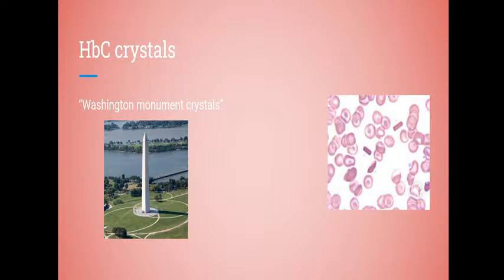I don't know if it clearly looks like a Washington Monument, but they do form crystals. Hence if you encounter a question and they showed you a picture of this Washington Monument, you might benefit from remembering C for crystals.